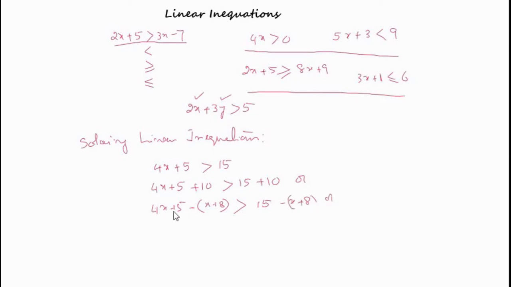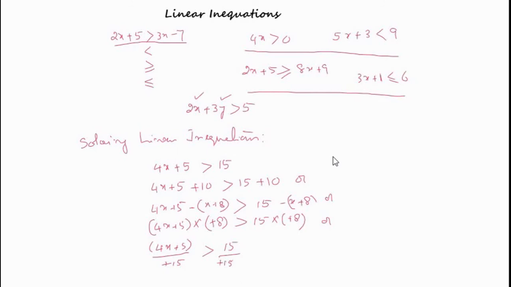Or if I multiply both sides by a positive number or positive quantity, or divide both sides, 4x plus 5 divided by, let us say, plus 15, greater than 15 divided by plus 15.